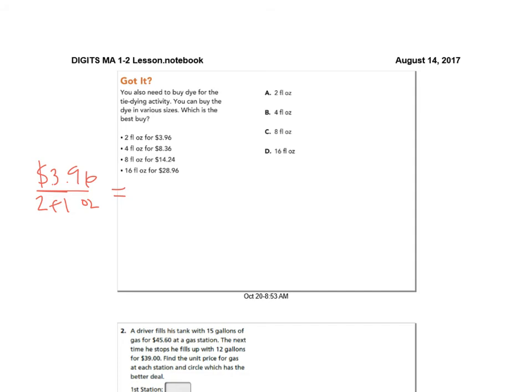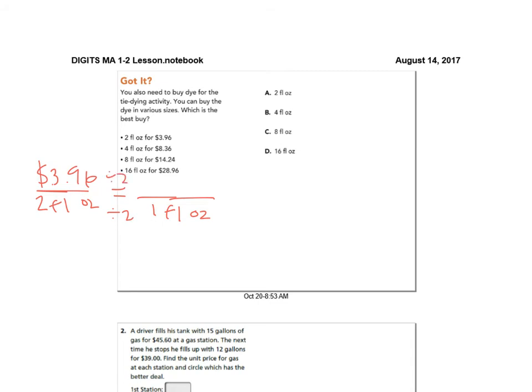So we need to divide $3.96 divided by 2 fluid ounces. And that tells us how many dollars it would cost for just 1 fluid ounce. So we knew we had to divide by 2 on top and on bottom.